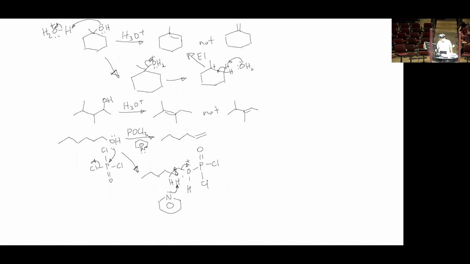So let me go over all these arrows again. This is showing the lone pair on the base nitrogen pulling off this proton. And again, you want to use a proton not on the carbon that has the leaving group on it, but the one next door to that. That's what we covered in chapter 11. Then you break that carbon-hydrogen bond, you put the electrons in between those two carbons to make a pi bond and kick out the leaving group.